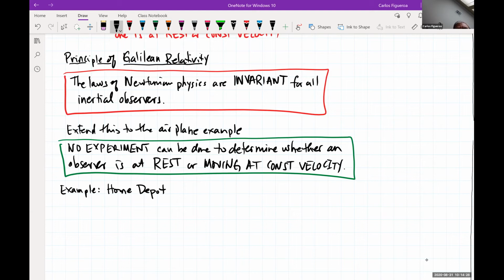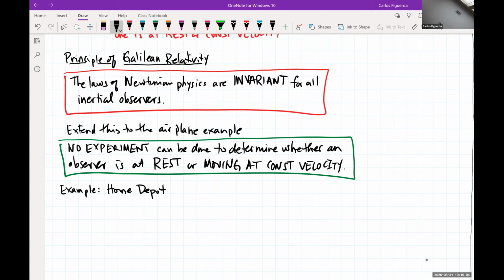Then all of a sudden, I feel myself moving. So I slammed down the brake as hard as I could, kind of freaking out. Then I found out that it was the truck next to me that was rolling back. I was stationary, but I thought I was moving. It was the truck that was moving relative to me. So in other words, I couldn't even tell whether I was moving at constant velocity or at rest.